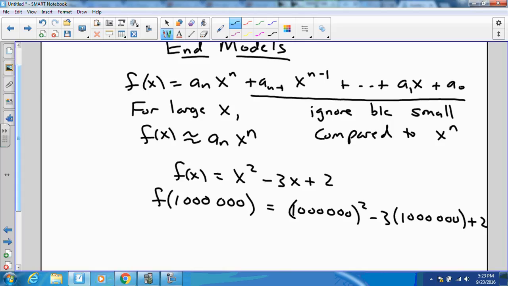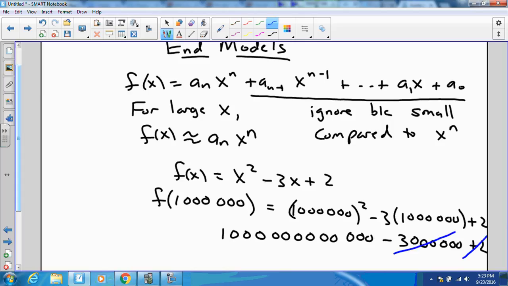If you multiply it all out, this is going to be 1 followed by 12 zeros when I square that million, minus 3 followed by 6 zeros, and plus 2.